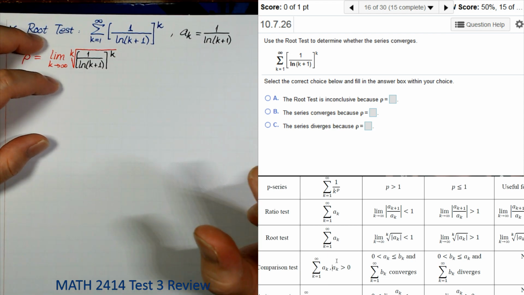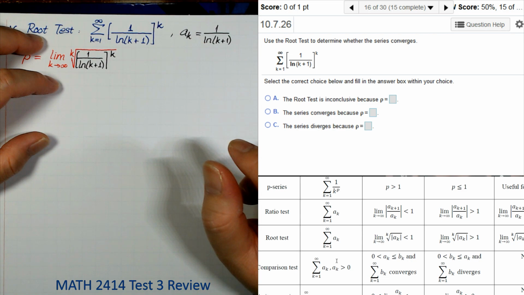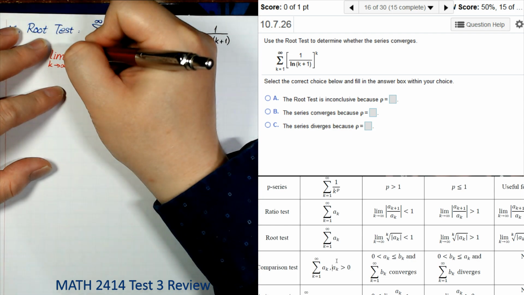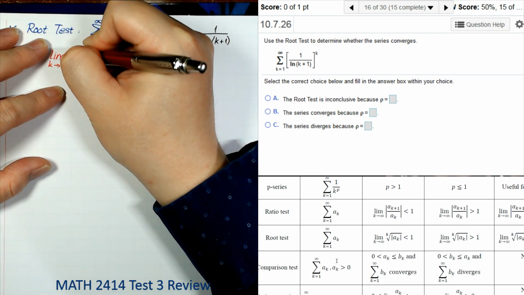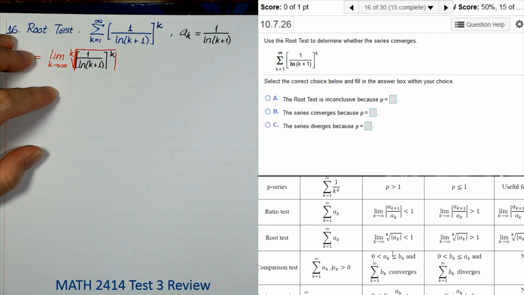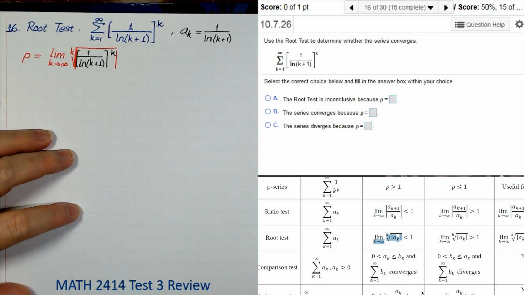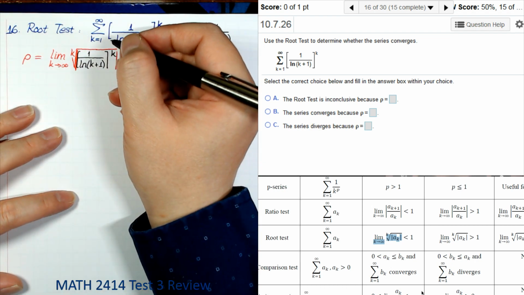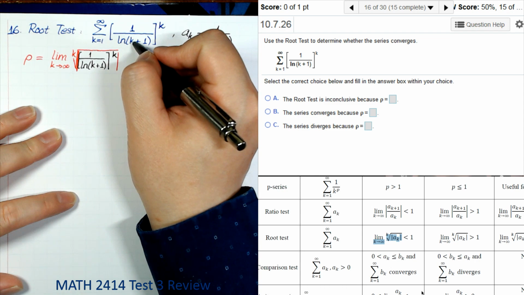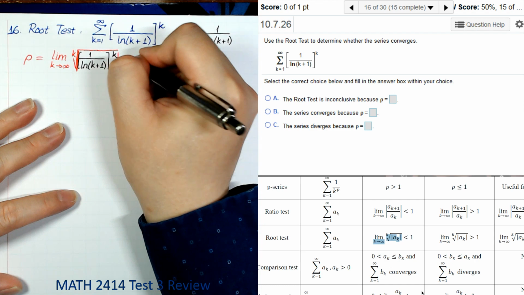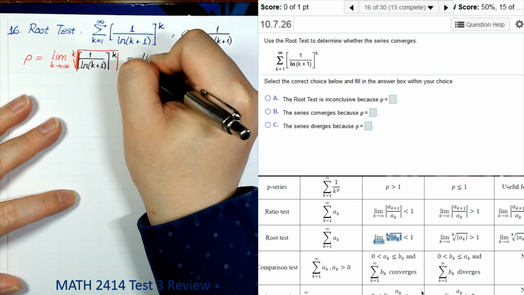Remember, what's different here is that in the root test, we have to have the absolute values of h of k. By the way, since this is positive when k equals 1 and up, the absolute values don't matter. But in the formula, there are the absolute values there.